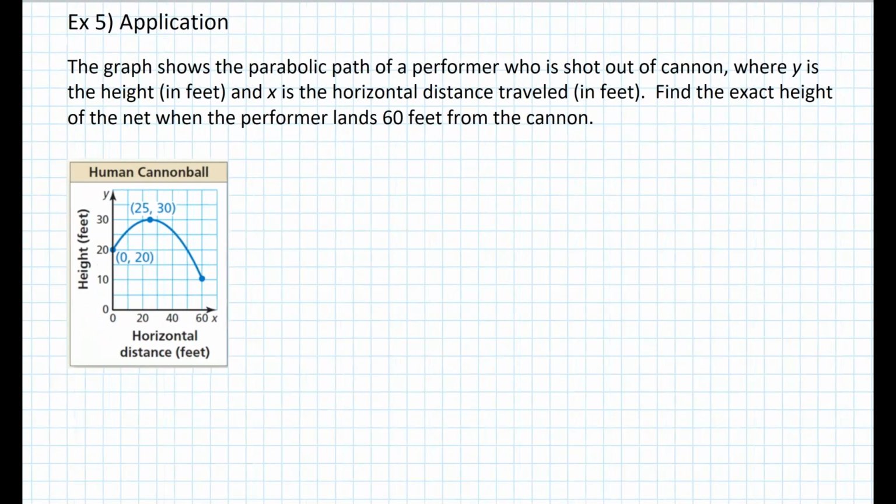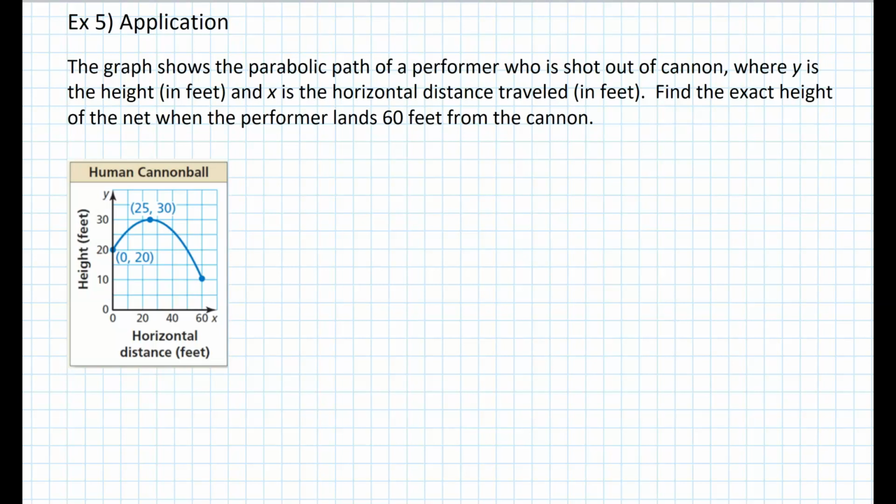Alrighty, so the graph shows the parabolic path of a performer who is shot out of a cannon. So y is equal to the height in feet, and x is the horizontal distance traveled. We want to find the exact height of the net when the performer lands 60 feet from the cannon.